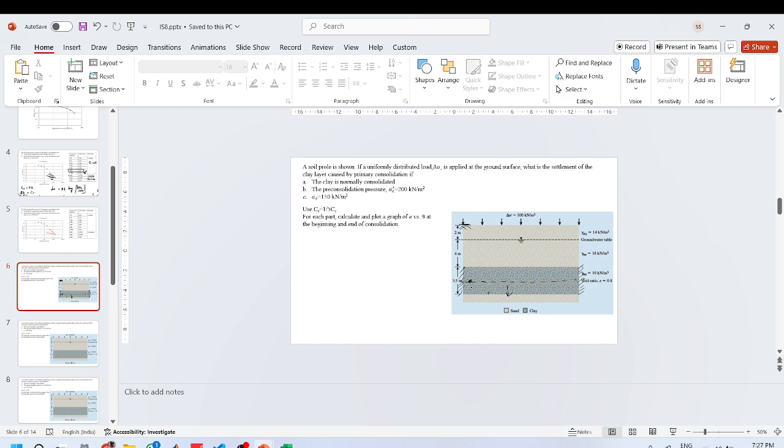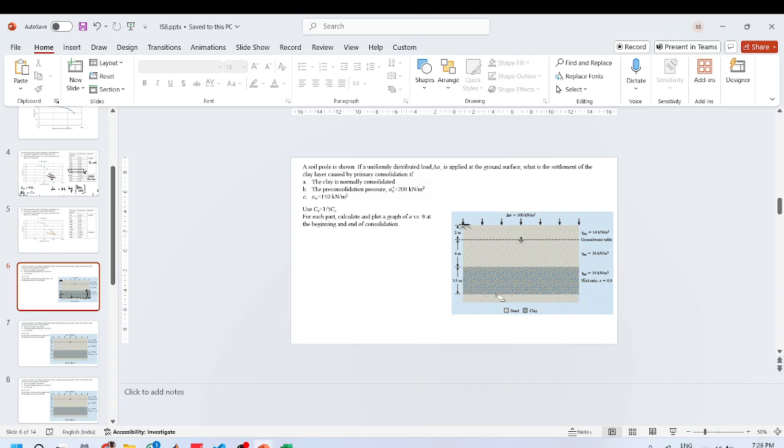If the soil was impermeable here, the longest path that the water had to take for escaping this layer was the entire depth of the layer. At that time, we would have taken H as the complete depth of the layer.